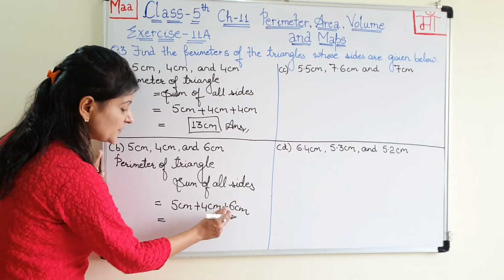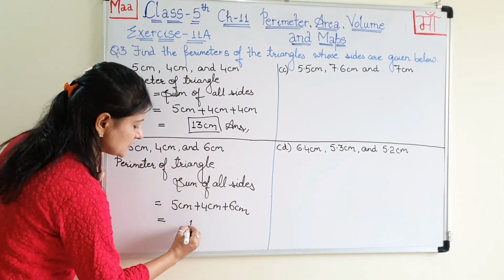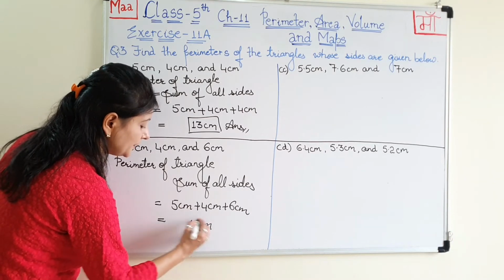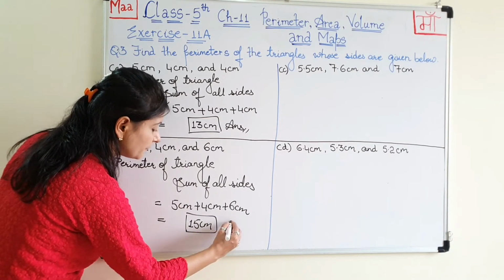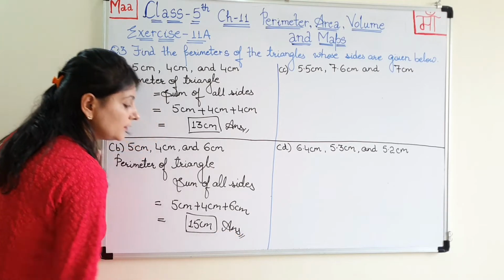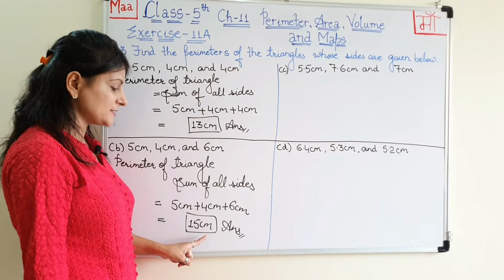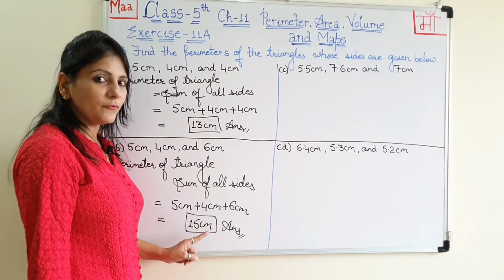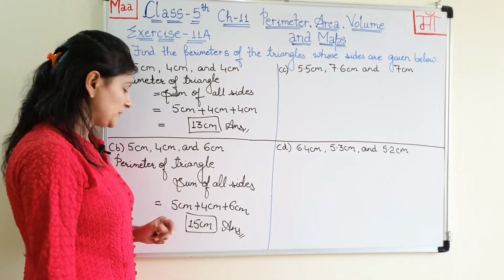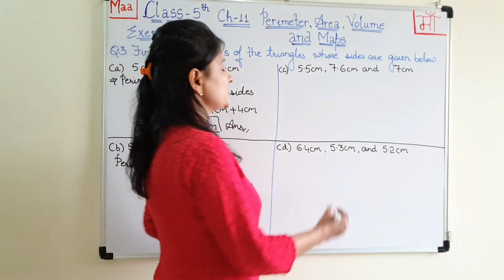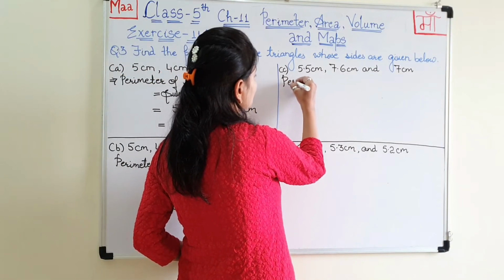So add it, 6 plus 4 is 10 and 10 plus 5 is equal to 15. And as I have told you in question number first and second, placing the unit is a must. So here also we will be placing the unit after the value. So 15 centimeter will be the answer of part B. Just move on to part C.